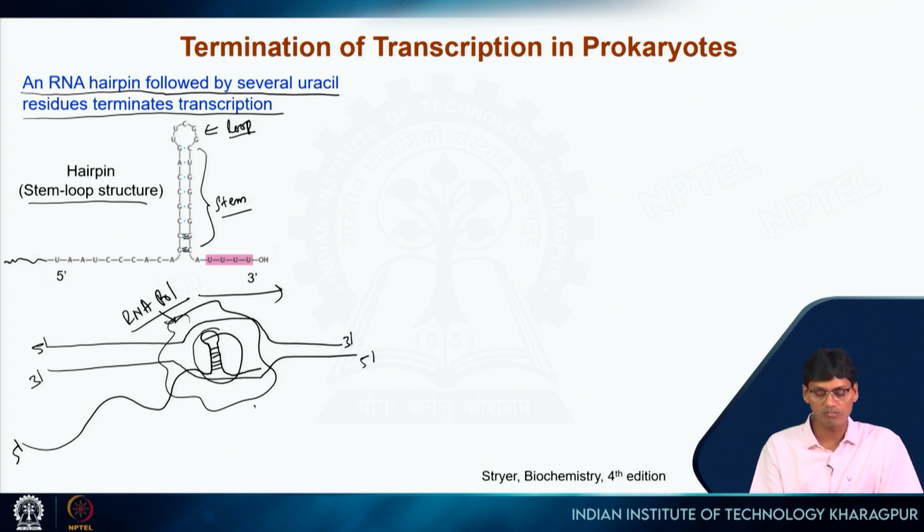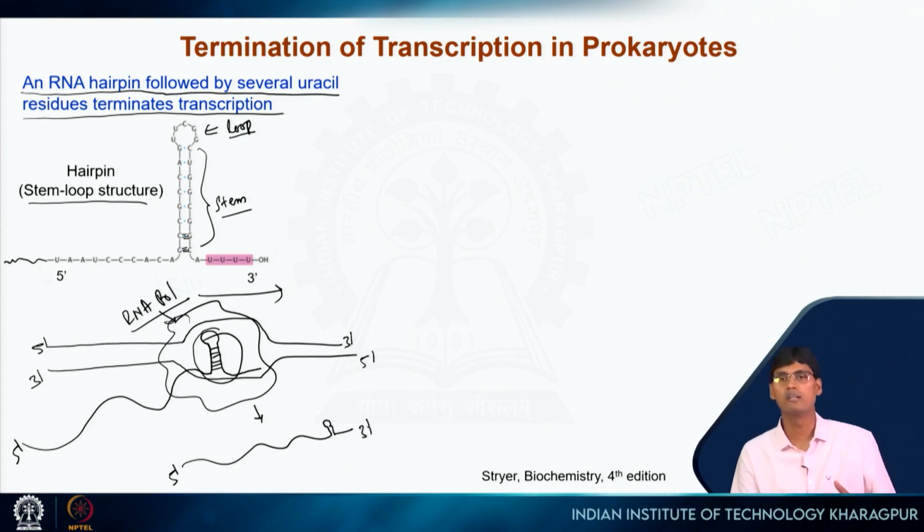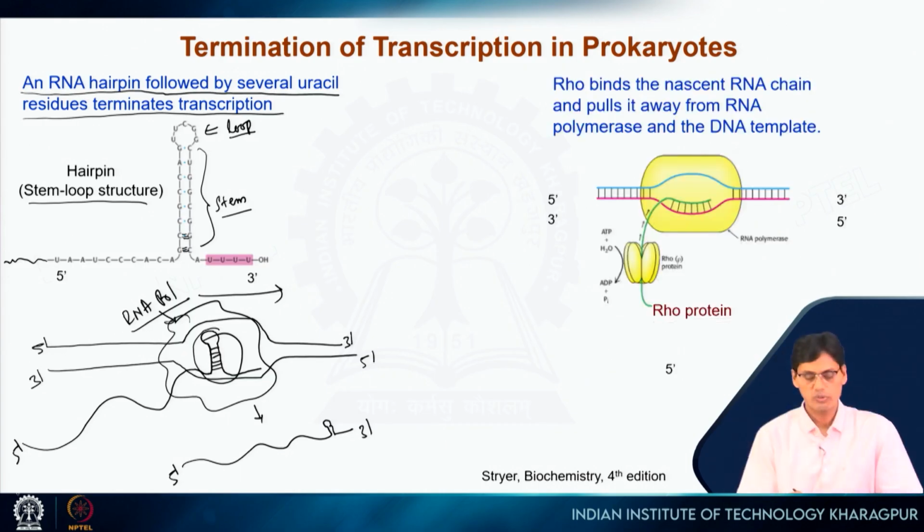As a result, finally this RNA will be dissociated from this DNA, and we will get the RNA. So transcription will stop in this way. Now if you see carefully, following this stem loop structure, we have multiple U residues in mRNA. That means in the template we have multiple A residues.